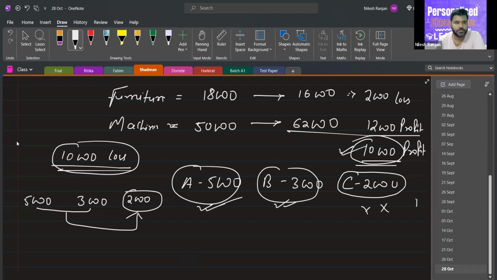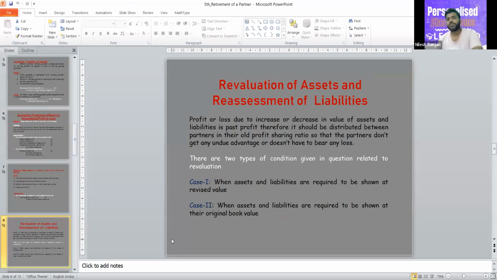So this is our revaluation concept. You can see there are 2 methods. Can you read the sentence written here?